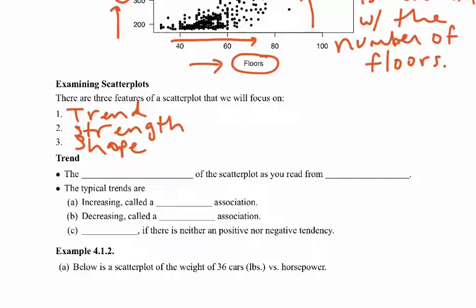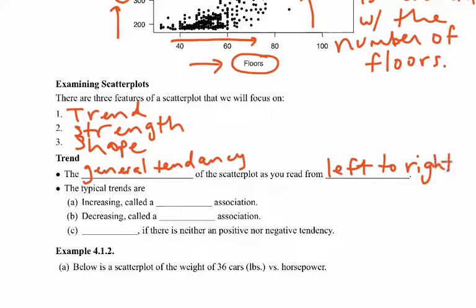So let's start with trend and what we mean by that. You can think of trend as the general tendency of the scatter plot as you read from left to right, and that will never change. We're always going to read it from left to right, just like you would read a horizontal axis in algebra. The typical trends are increasing.